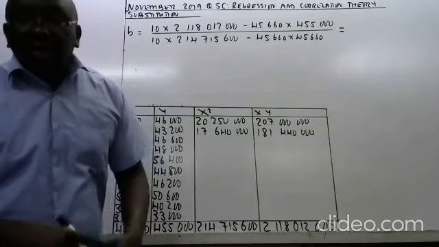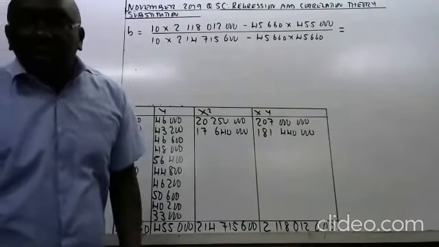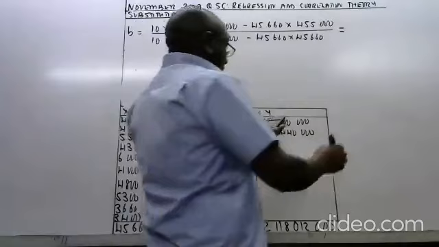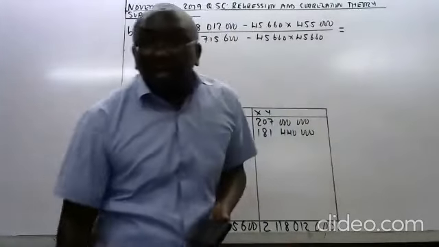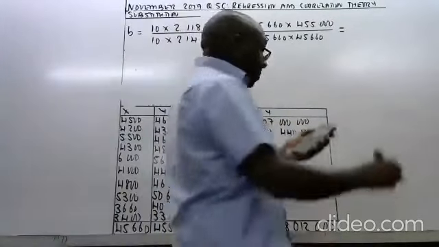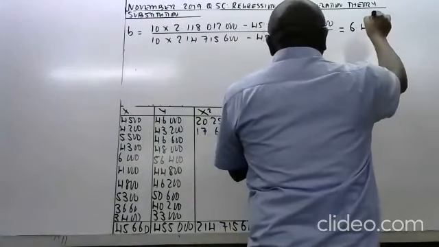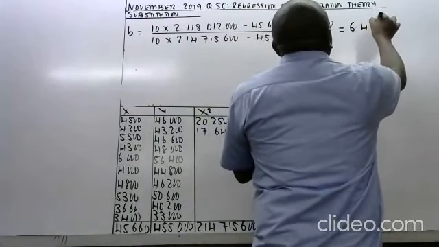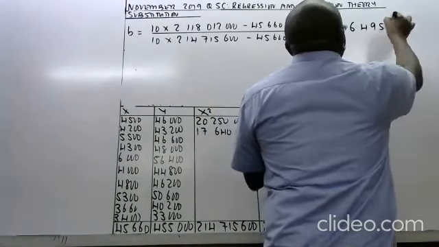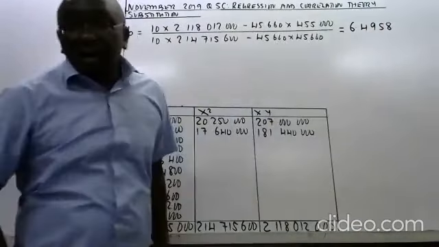Yes, Diogo is giving 6.4 and good. You have used how many decimals? You're using 4 decimals. So 6.4958. Good.